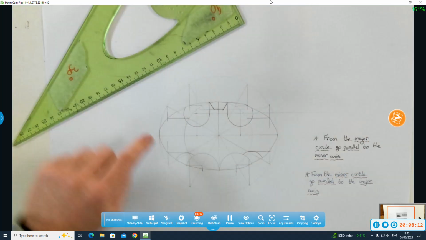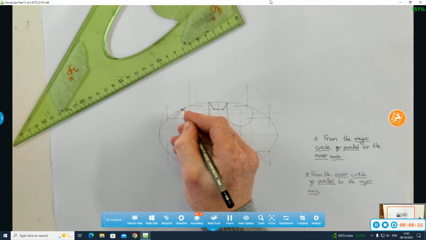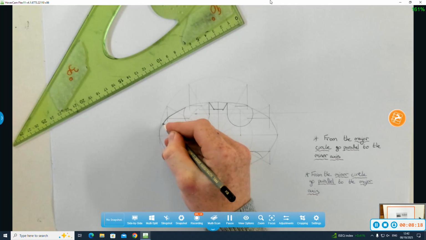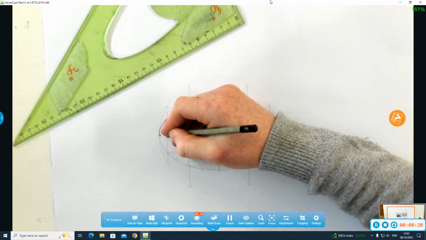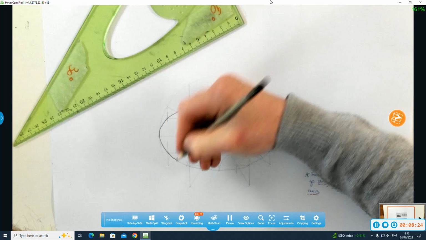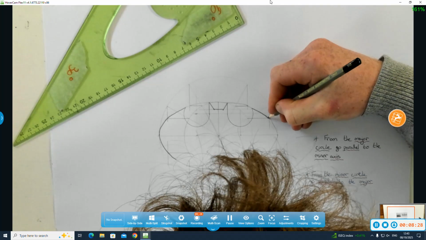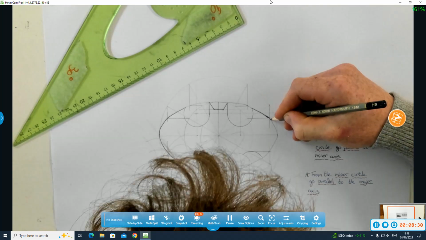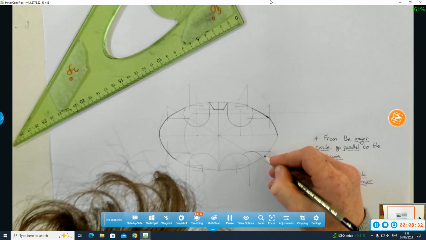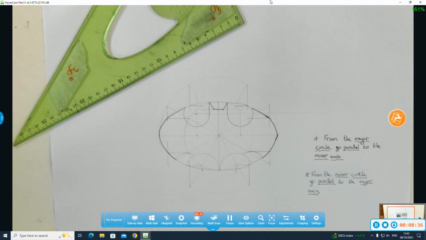And then we just have to darken in the portion of our ellipse here that's actually getting seen. So that's that Batman one there then completed from your exam today.